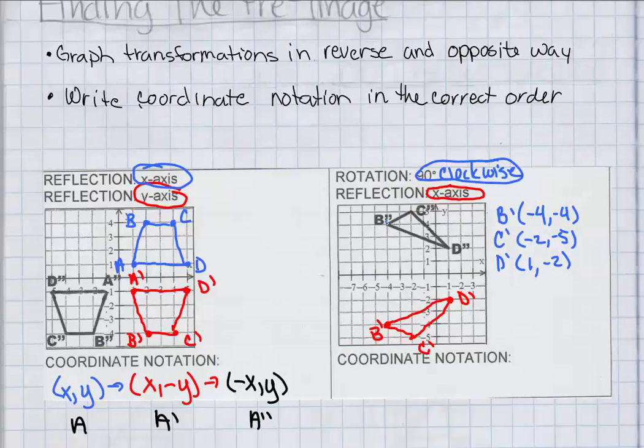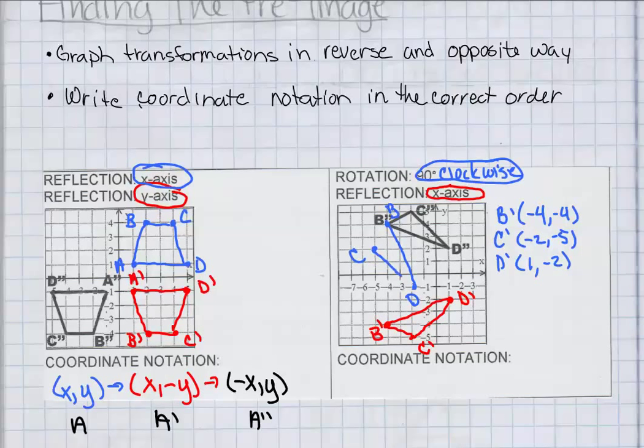There we go. -2, -5. That's B. This is C. And then -1, -2. That's D.